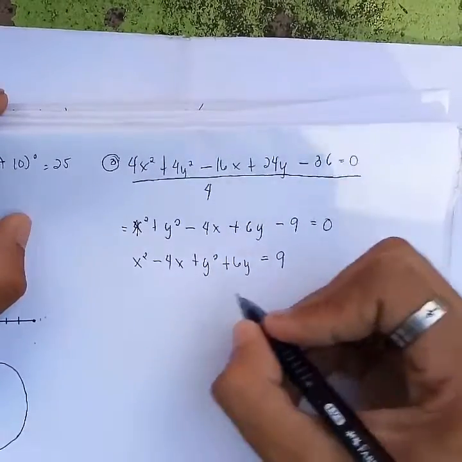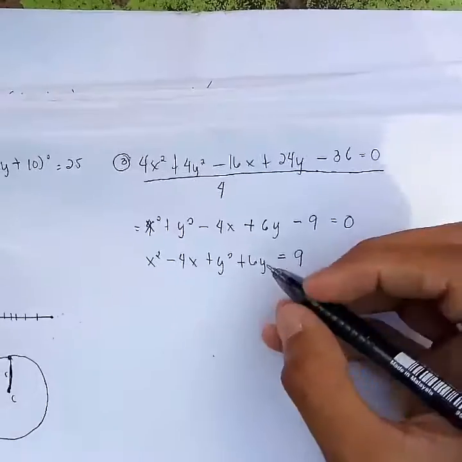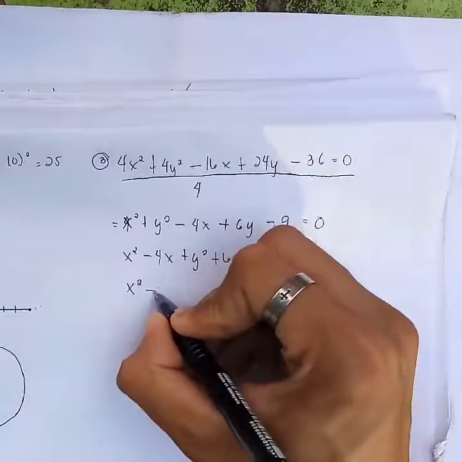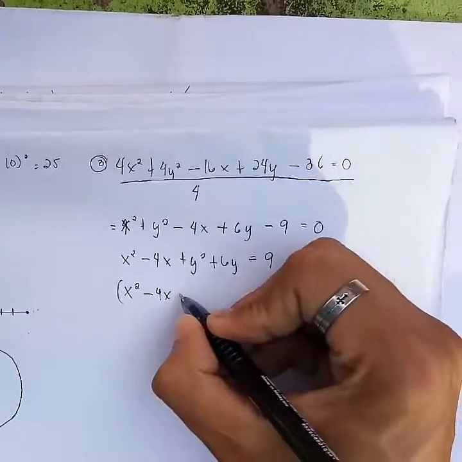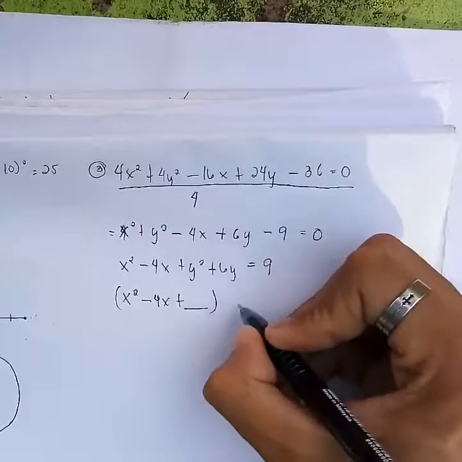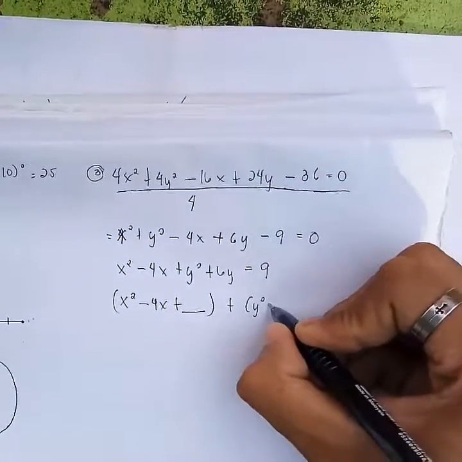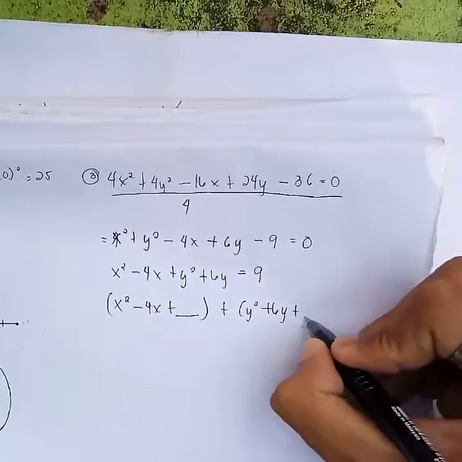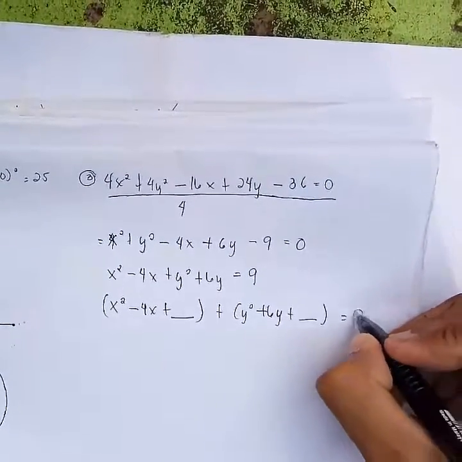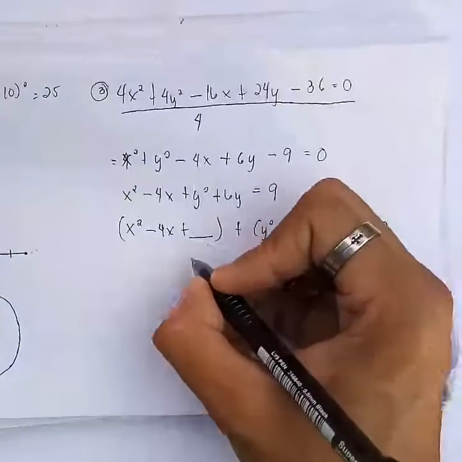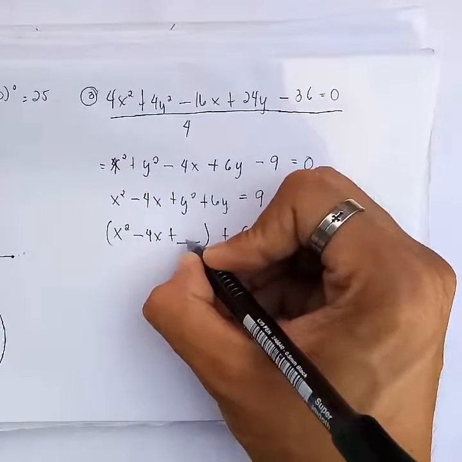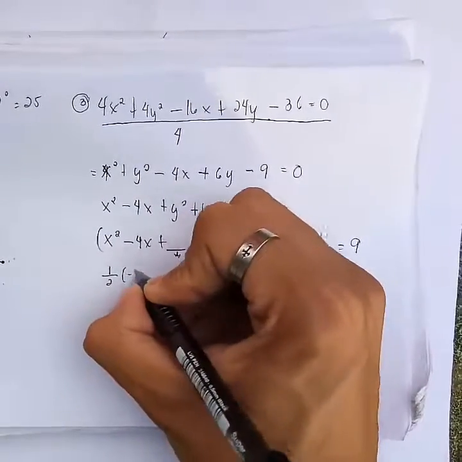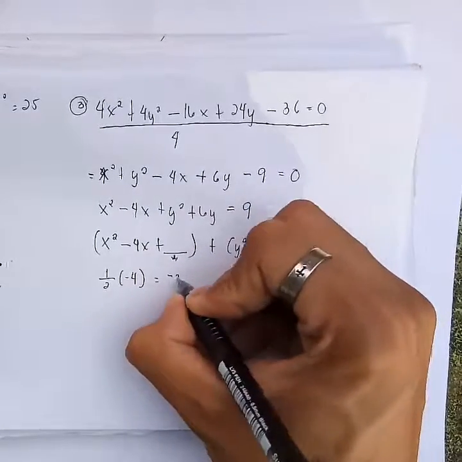Next thing we must do is we need to factor it out. x squared minus 4x plus blank plus y squared plus 6y plus blank is equal to 9. To get the numbers in the blanks, we must first take 1/2 multiplied by negative 4, which is equal to negative 2.